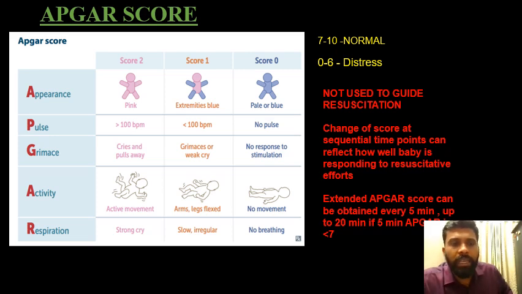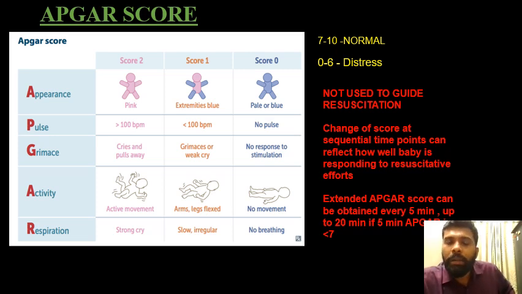A is for appearance, P is for pulse, G is for grimace. What is grimace? Grimace actually means response to a catheter being put into a baby's nose. And activity means baby's tone or baby's posture. Those terms can be misleading.